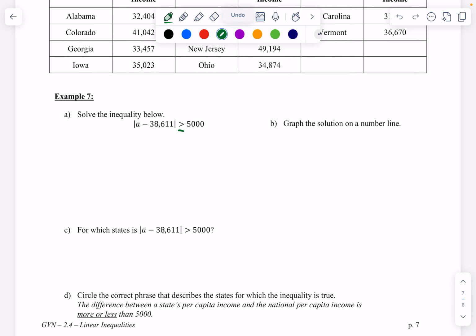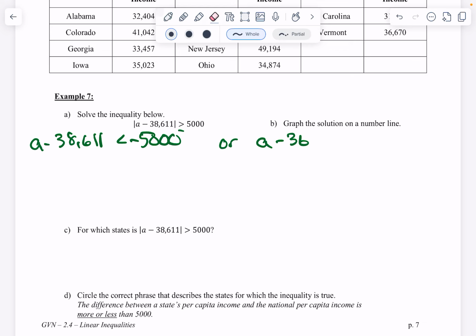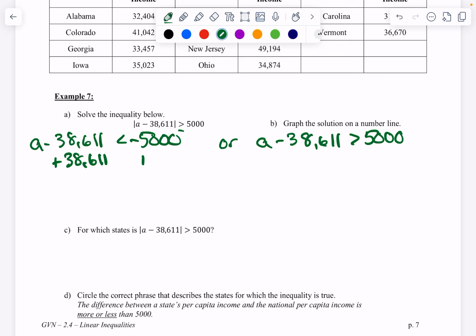So A minus 38,611 is less than negative 5,000, or A minus 38,611 is greater than 5,000. Okay, now we need to solve. So we are adding 38,611 to both sides.